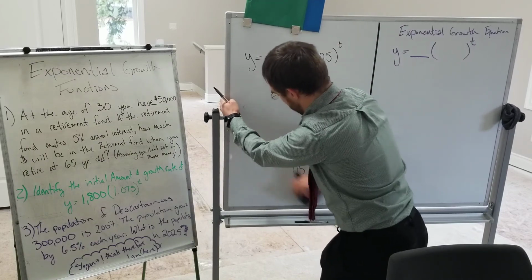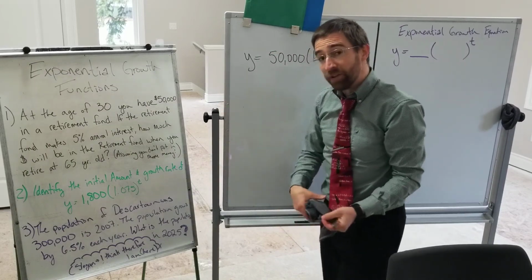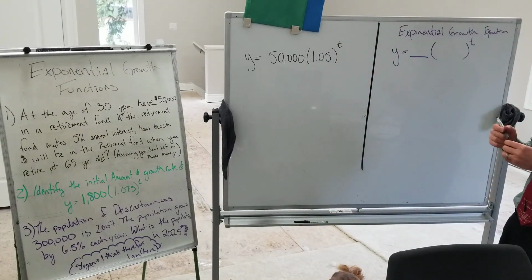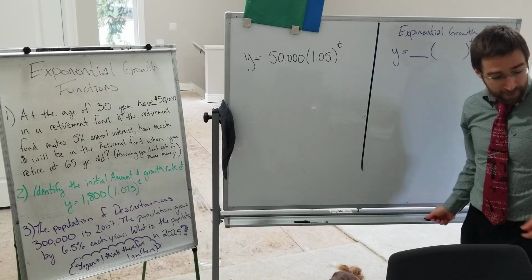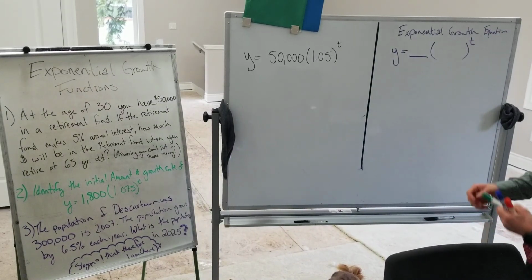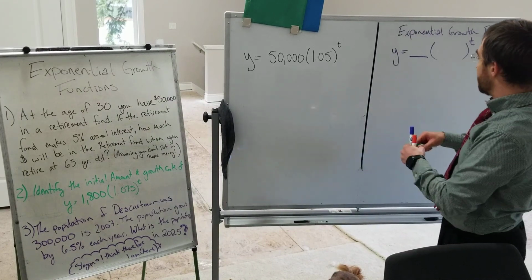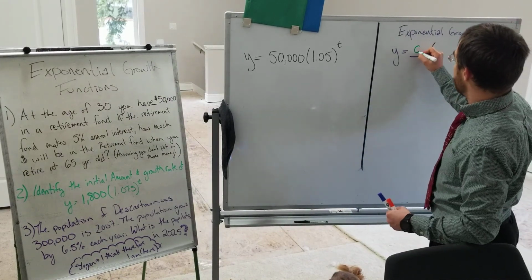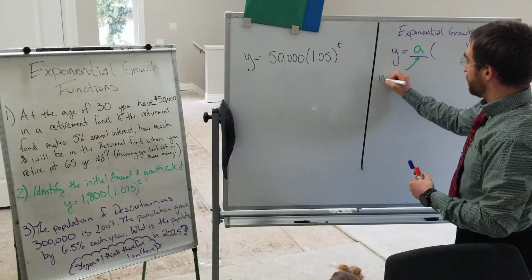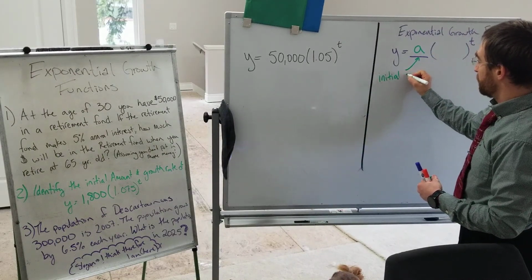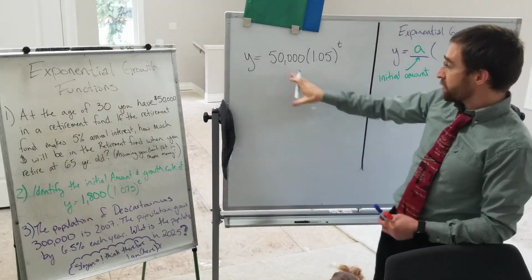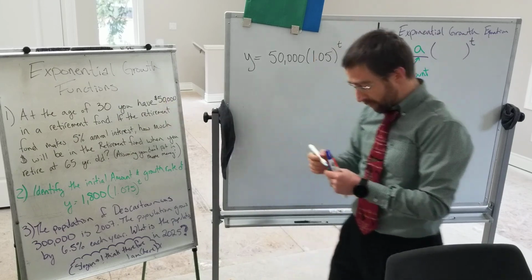And let's talk about what this looks like in general for an exponential growth function. So in general, for an exponential growth function, we're going to have y equals a, where a is the initial amount. That means the starting amount, what we start with. So the 50,000 is what we started with.